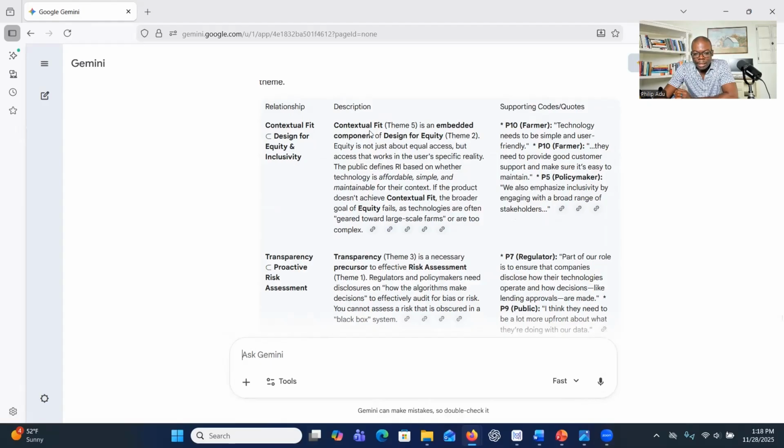And then it's saying that for this theme, the fifth theme is an embedded component of design for equity, right? So you can see here that the system has identified an embedded relationship between contextual fit and design for equity. Right. And the system provided more information, also provided evidence in support.